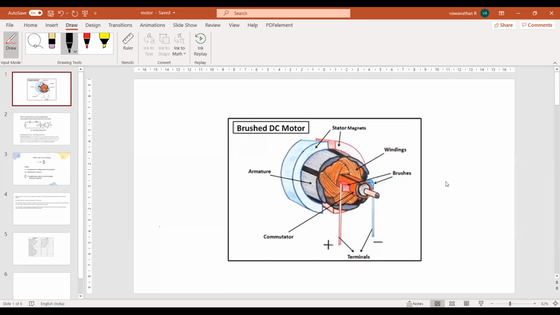So DC motor is very important, and this is actually a plant, or what is it? It comes under the category of what? Actuator. Actuators. Okay, so from actuators it goes to the system.